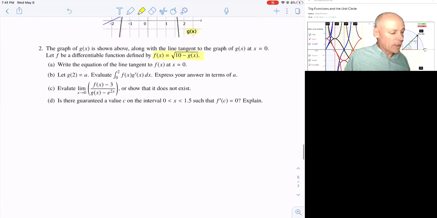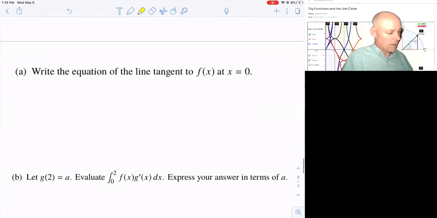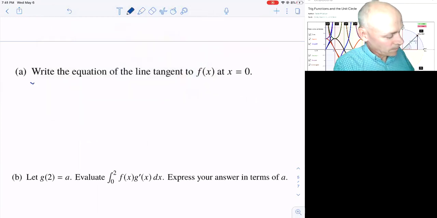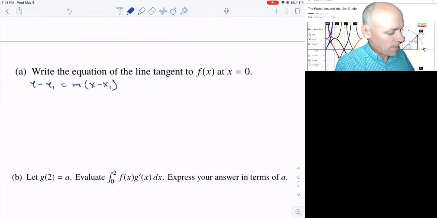Oh man, we can do this all day long. So we're going to start with point-slope form. And I know x1 is 0, x minus 0, I'm off to the races.